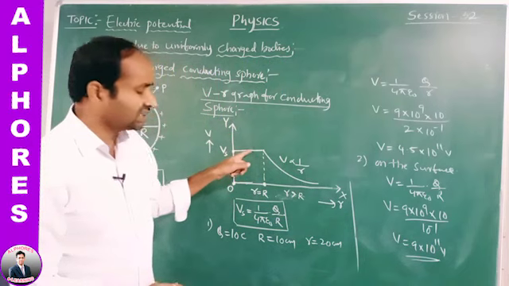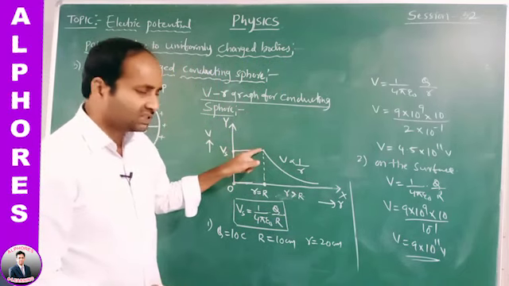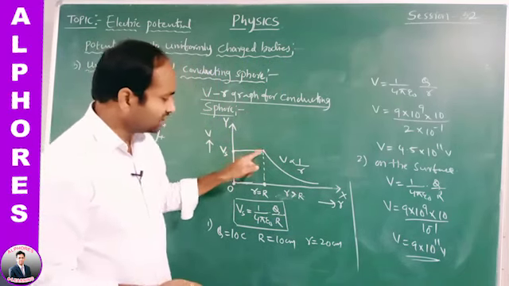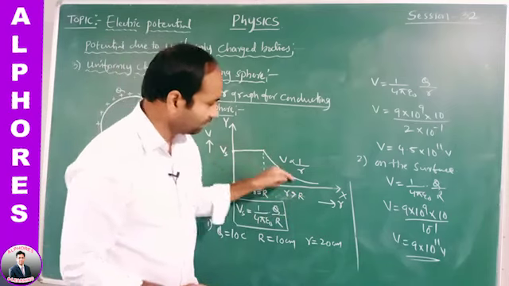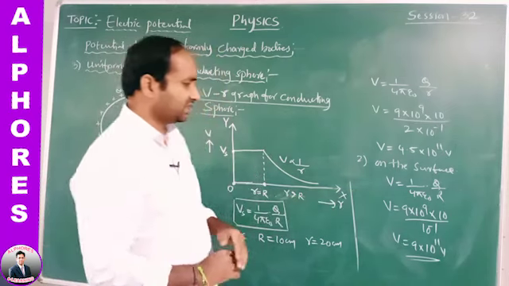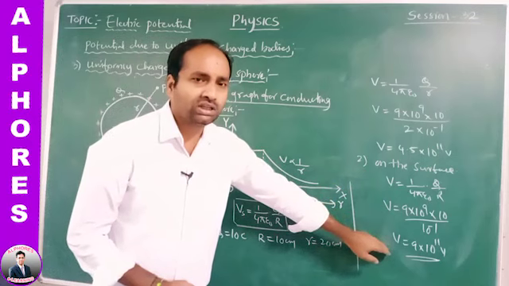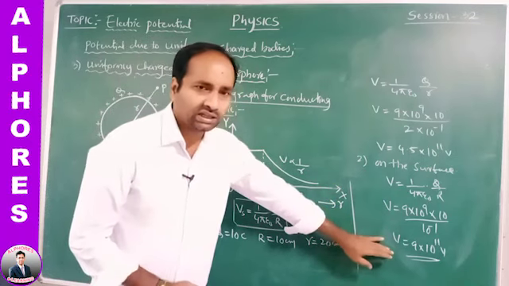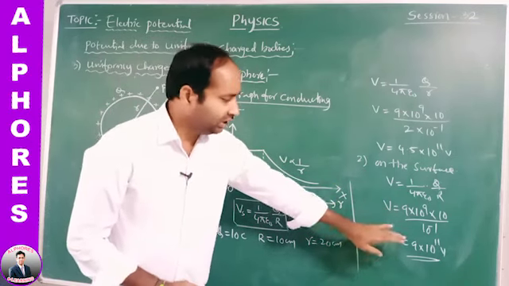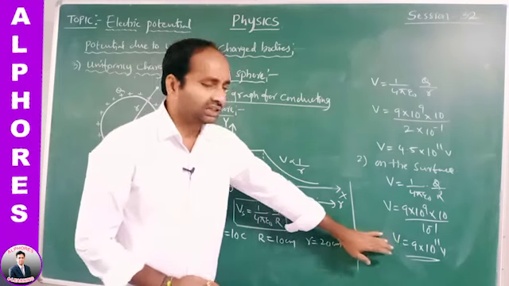If you observe the graph, on the surface the value is maximum. Once small r is greater than capital R, the potential value decreases. The value stays constant on the surface, at the center, and at any point inside the sphere.